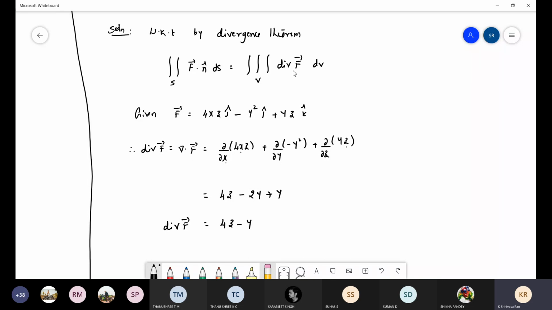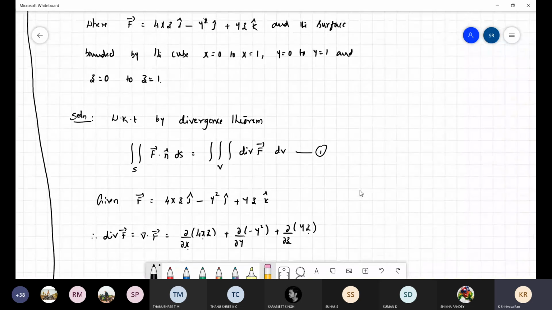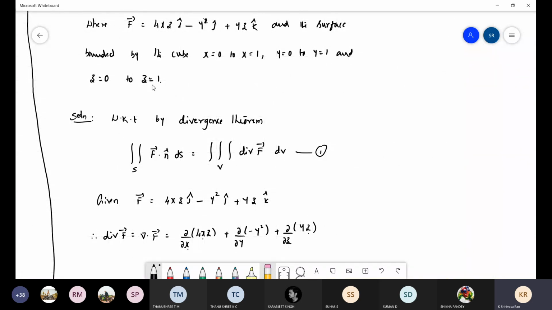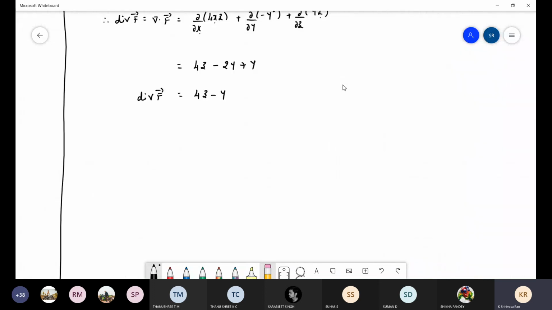So this is the formula. Here it is a triple integral, and you have to substitute the limits. The limits are given: x equals 0 to 1, y equals 0 to 1, and z equals 0 to 1. It is a cuboid, same as the previous diagram. If you take a cube, take two squares and join them.